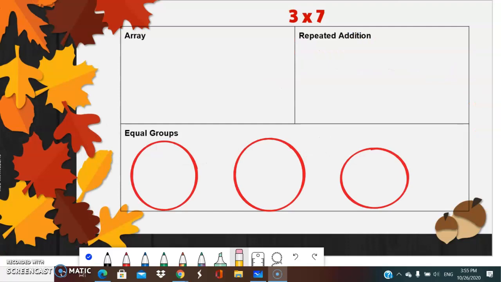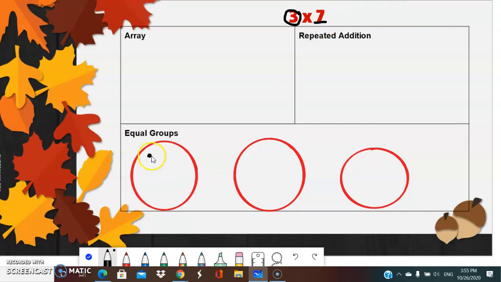So our first number sentence is going to be 3 times 7. Since we have been working so hard on repeated addition, I'm going to start in that box first. I know that my 3 is representing the number of groups. And as you can see at the bottom, I've already created 3 groups. And 7 is going to be what I am going to repeat in each group.